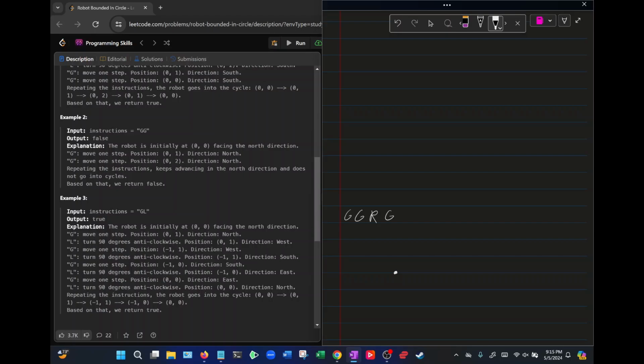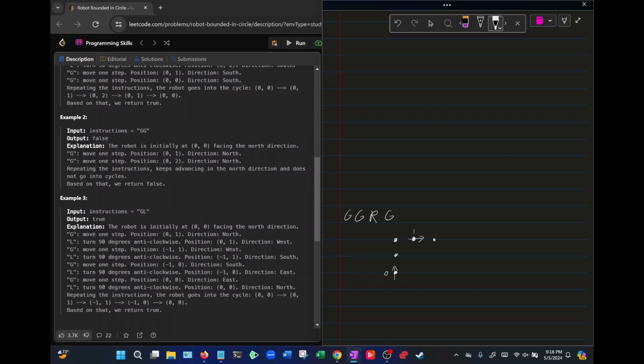So you start at the origin, then you go up, up, turn right, and then go forward 1. At the beginning, I'll call this step 0. You start at the origin and you're facing north. Then you turn right, and then you go. And so after step 1, you're up here and you're facing to the right.